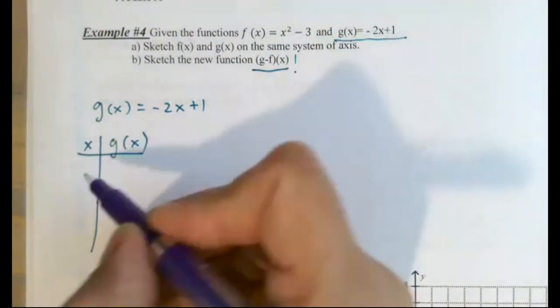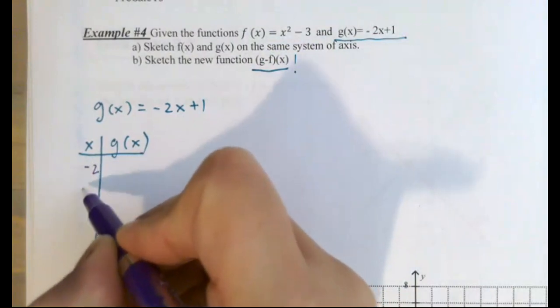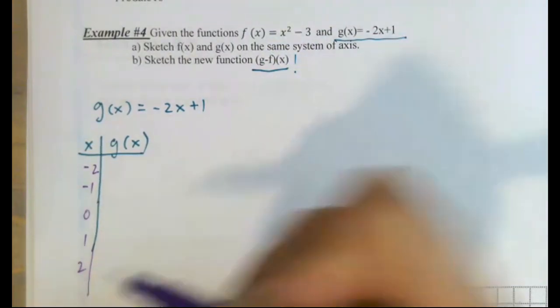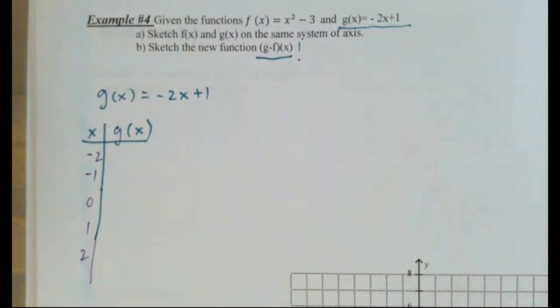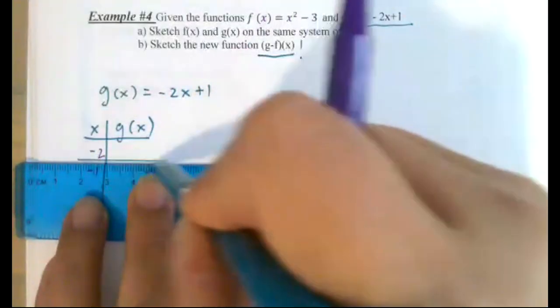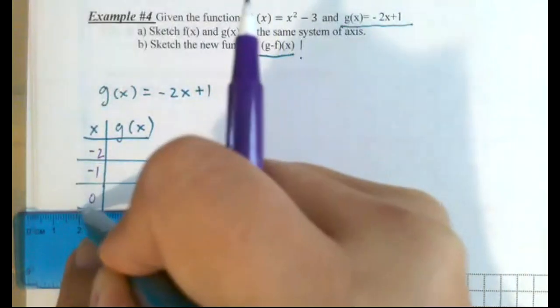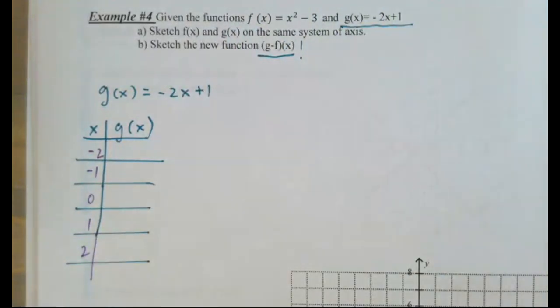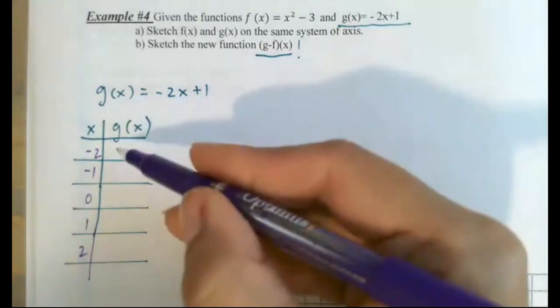So I'm going to choose -2, -1, 0, 1, and 2. Even though I don't need that many points, I will need them for part B when I'm going to sketch my new function. So for each of these x values, I will calculate the y with the table of values, and I'll get some points for the function g of x.